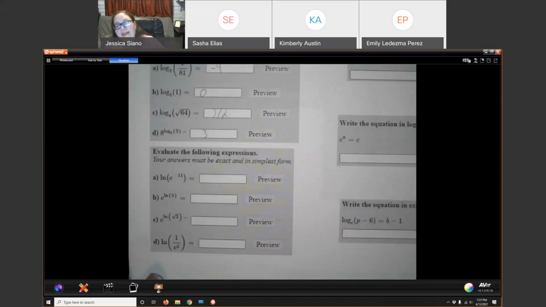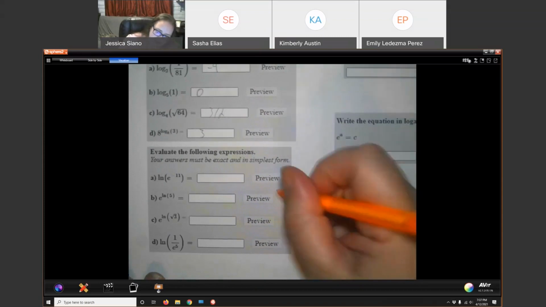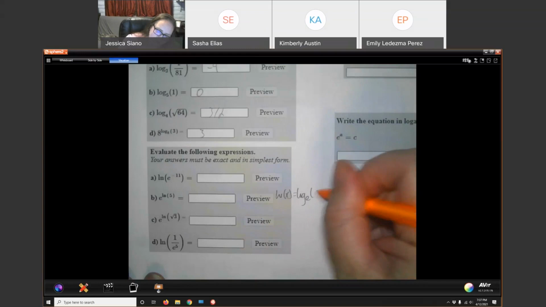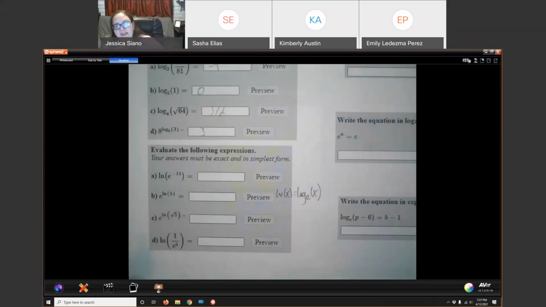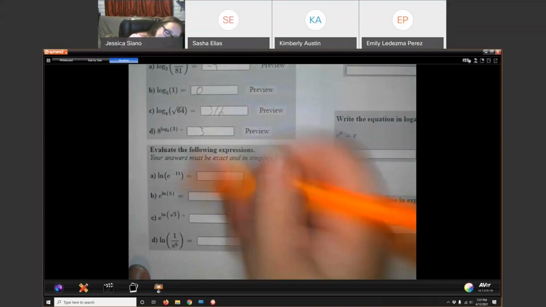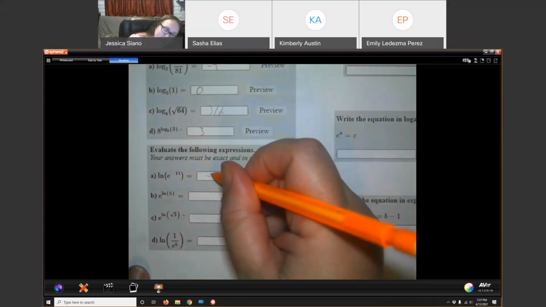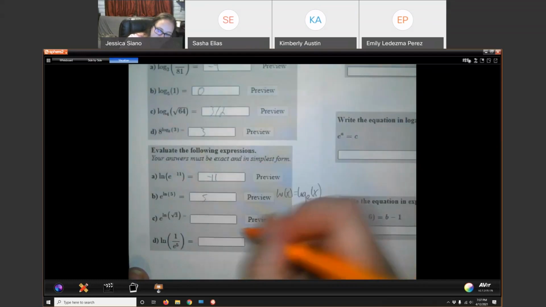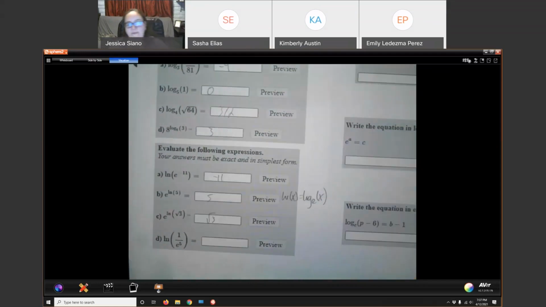Now, ln is the natural log, and that is the log with base e. So log with base e is the same as the natural log, and that means that e and ln are inverses. So here, this e and this ln will cancel each other and leave you with just a negative 11, just a 5, just a square root of 3.